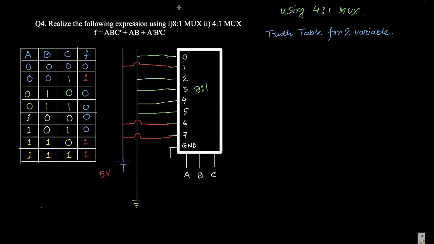Now if you see minutely, in these A and B, this group is 0. So we are taking these two as select lines. And again, just draw a 4:1 multiplexer first.